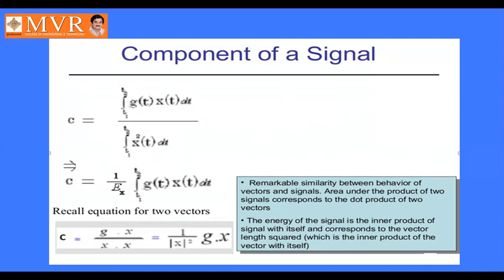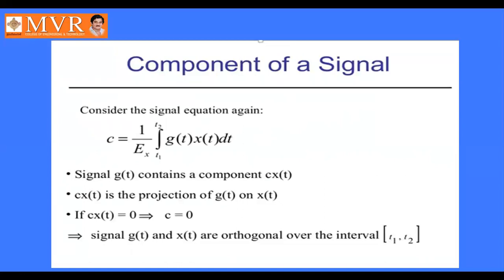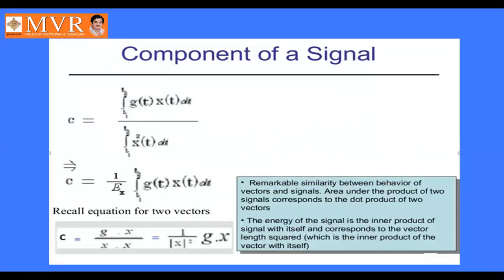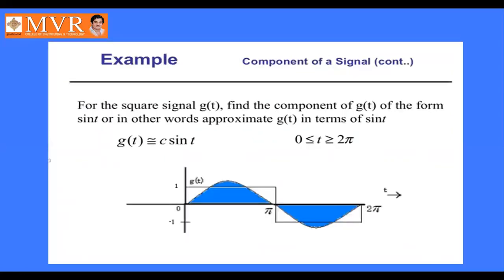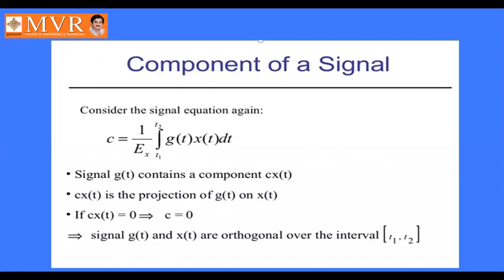If these two are orthogonal to each other, perpendicular to each other, then the c value will become 0. Then the integral t1 to t2 g(t) x(t) dt is equal to 0, right? If these two are orthogonal to each other.